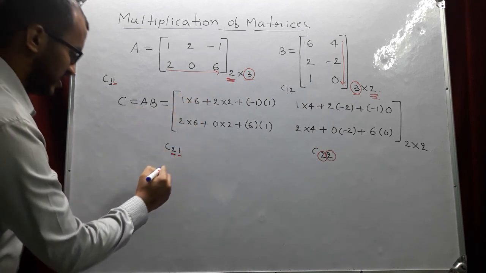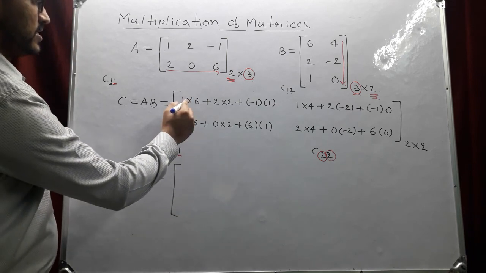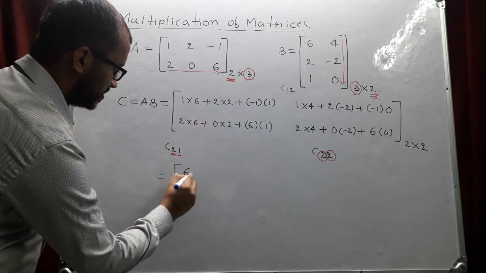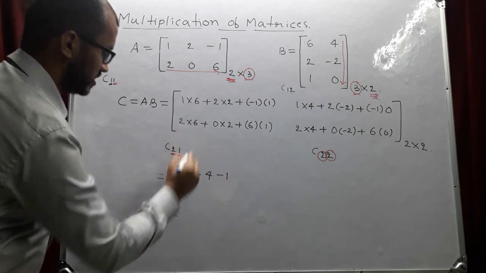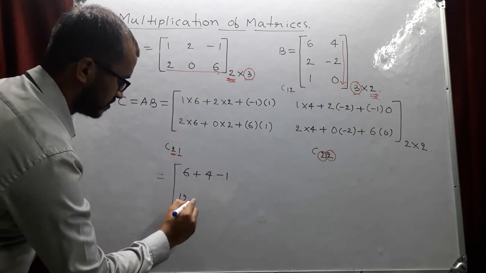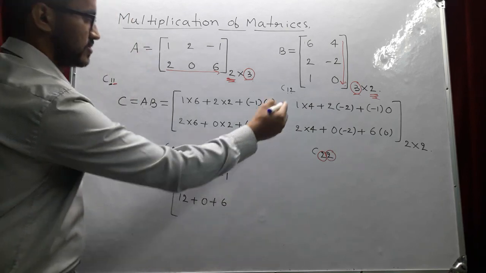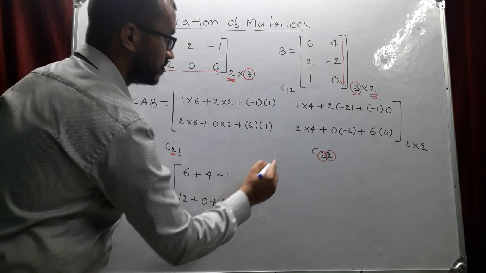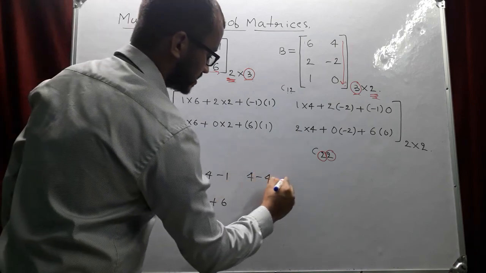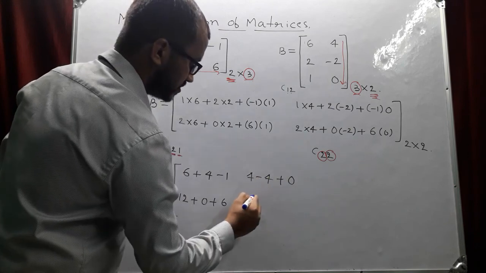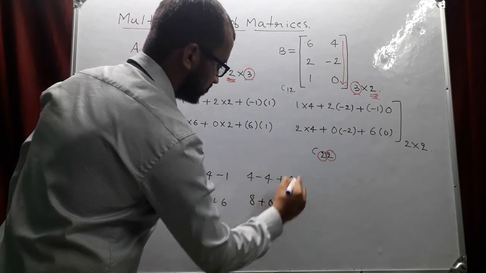Further, you can simplify this. So what will we get if we simplify? 6 plus 4 minus 1, 4 minus 4 plus 0, 12 plus 0 plus 6, 8 plus 0 plus 0.